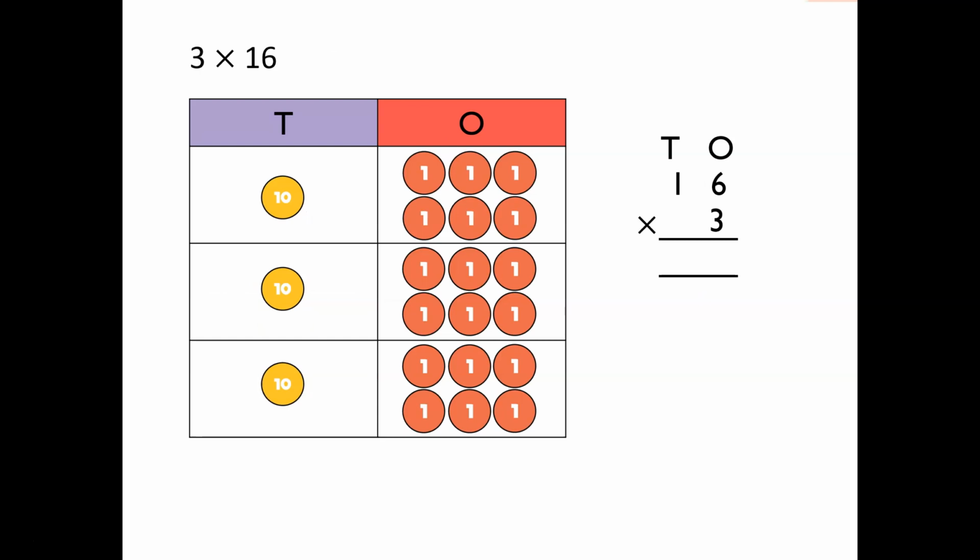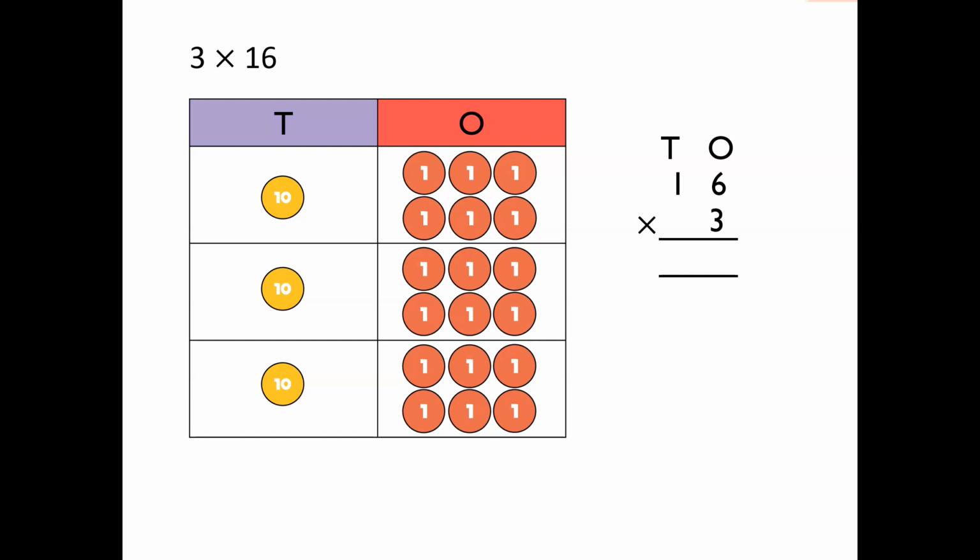We can see that we are to calculate 3 times 16. This calculation is represented on a place value grid and we are ready to solve the short multiplication. If we start with the ones, we can see there are 18 ones altogether.